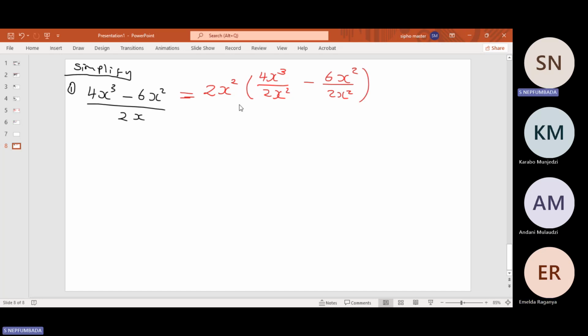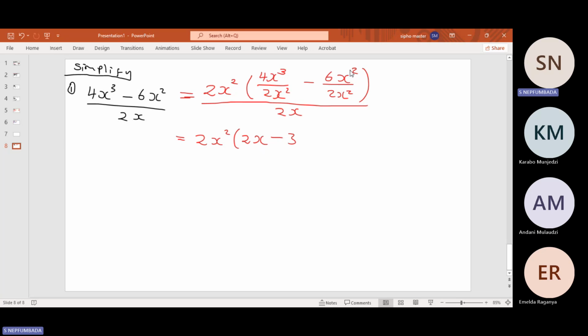Yes. But this equation was divided by what? By 2x. And we simplify the numerator. This is 2x squared into 4 divided by 2 is 2. And x cubed divided by x squared is x. Did you get it? Yes. And minus 6 divided by 2 is 3.